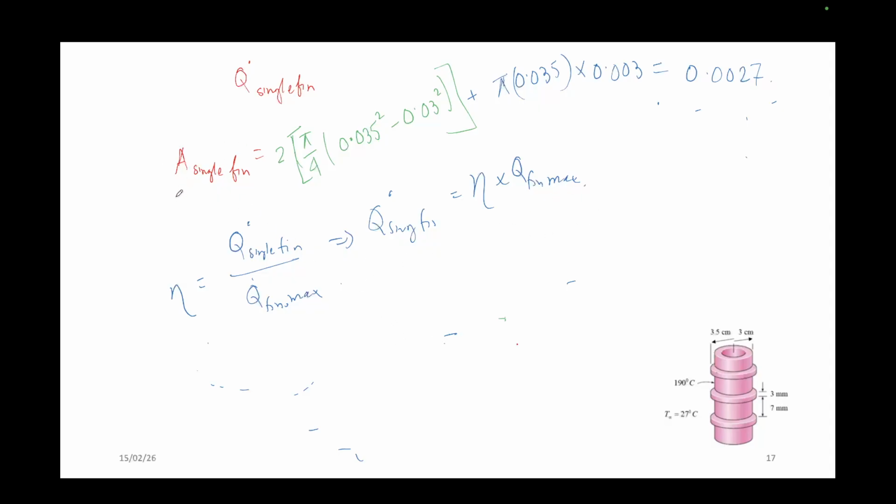Because if you use this area, you need the surface temperature at this point. Is this surface temperature known to you? Only the base surface temperature is known. So you have to use the Q fin max. Now you got it? Is it clear?